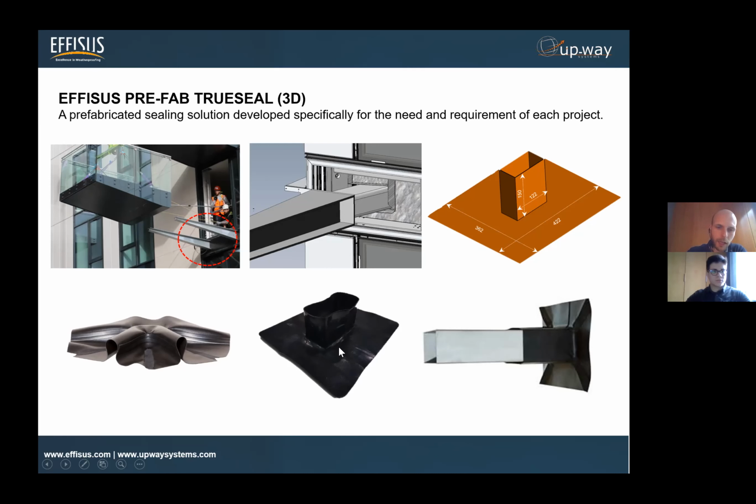So, for instance, like this sleeve, but with an open joint, or able to have different angles, different shapes, in a way that people can just bring that solution to that specific point, fit them in all around the beam, for instance, and apply a single bit of glue, of adhesive, just on the back of the membrane in order to guarantee a permanent and continuous sealing all around it.